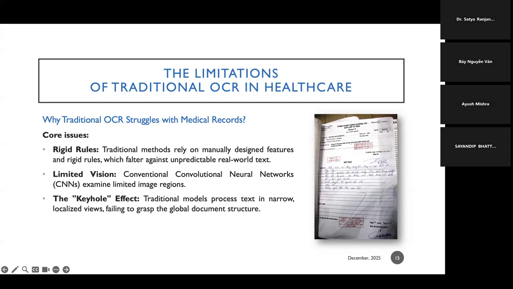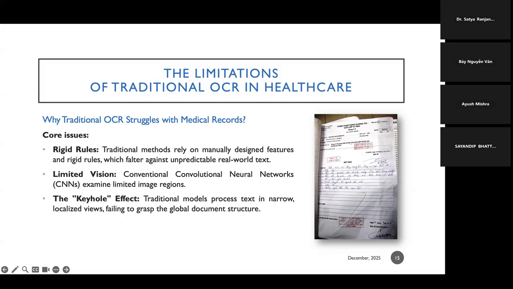So now let's bring it back to our messy medical record. If you have a clean, perfect digital PDF, the keyhole approach works fine, right? But what happens when the document is crumpled or the ink is faded from years of storage?